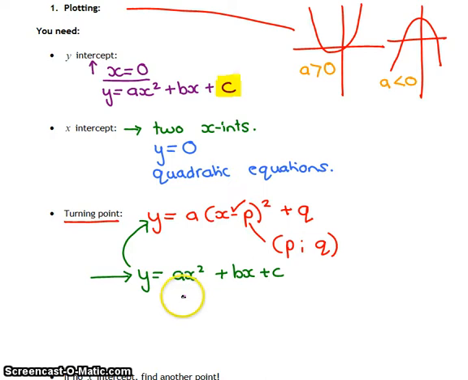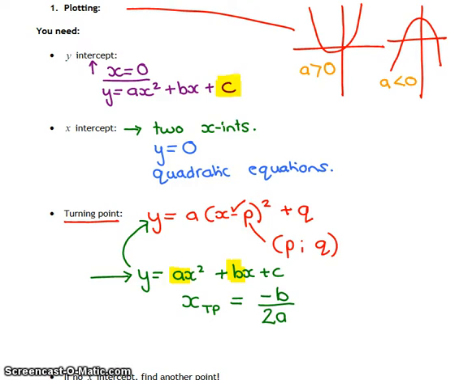I don't bother most of the time. I use a formula which is not on your formula sheet, and you please must remember that the x value of your turning point is negative b over 2a, where b is your coefficient of x, and a is your coefficient of x squared.